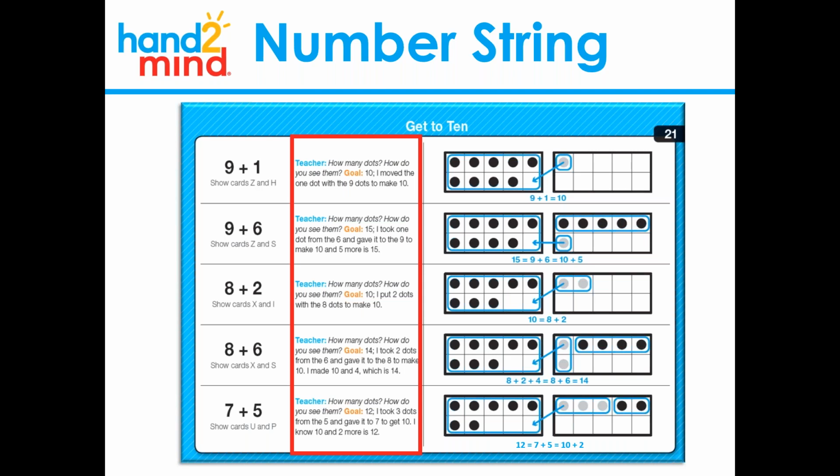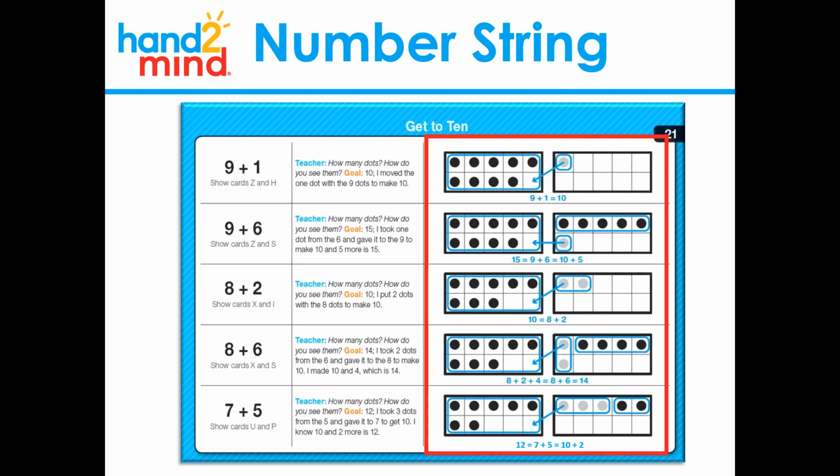So how many, or how many dots, and how do you see them? I also have the goal of what I was trying to get towards. So I wanted people to see that, to move that dot over to the 1, so it would be 10. And then you're going to notice that this was exactly how I modeled it for you. So I was modeling it for you, and it was already done for you.